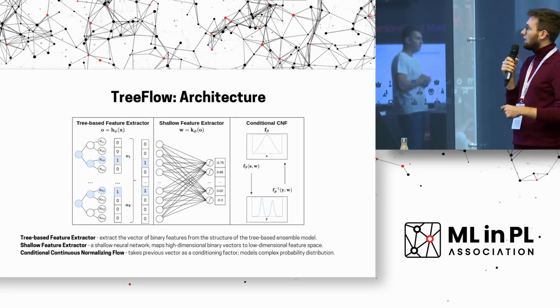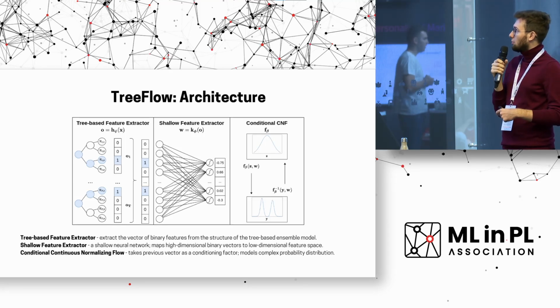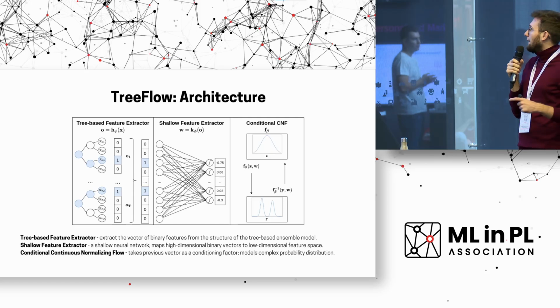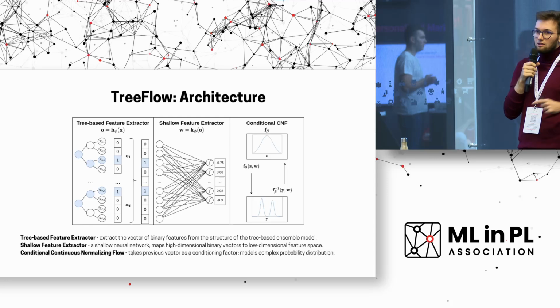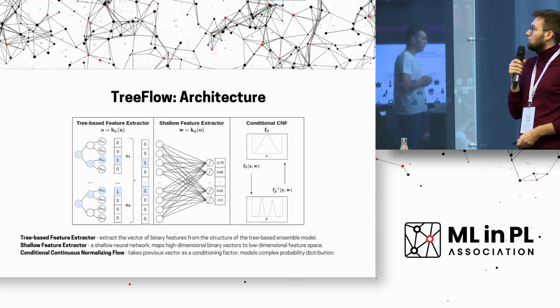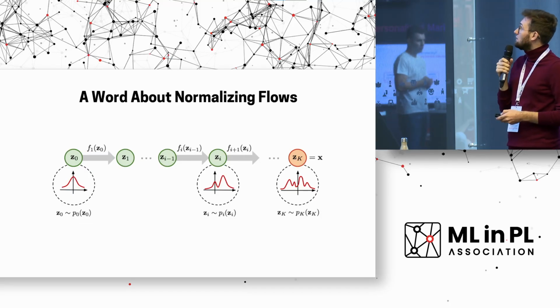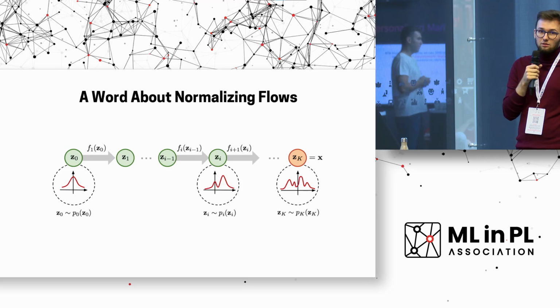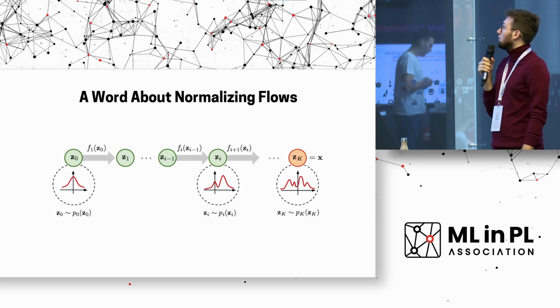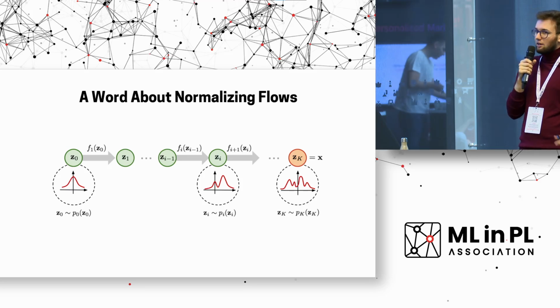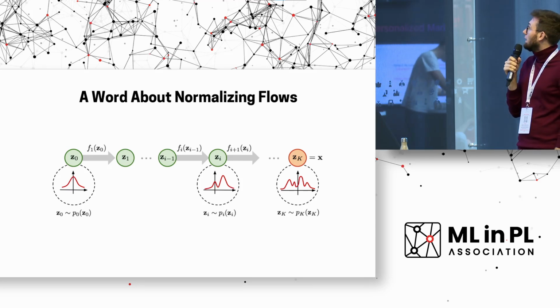And at the end, we've got the conditional continuous normalizing flow that takes this conditioning vector and models the complex probability distribution. What is important is that this component is crucial for the modeling flexibility of the distributions. I would like to shortly discuss this normalizing flow because it's maybe not the most famous method. However, it's the main component of that approach.